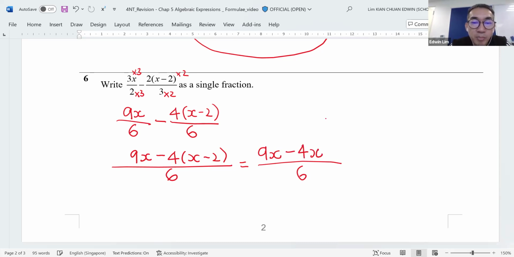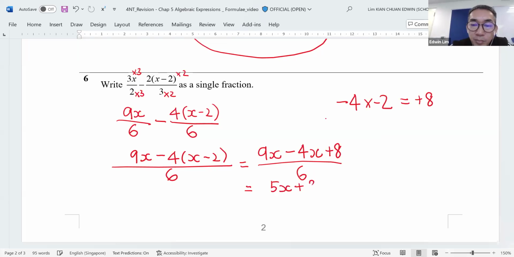Negative 4 times negative 2 gets a plus 8. 9x minus 4x, you can put them together to be more simple. This is the answer for question number 6.